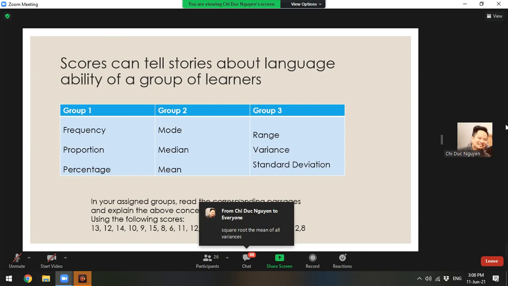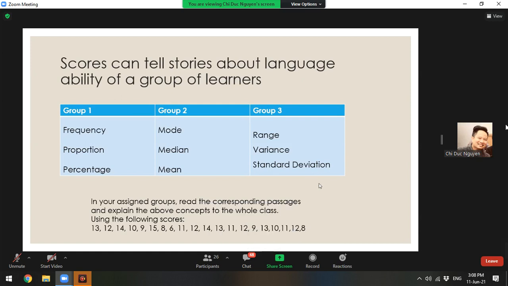So for any student who has one standard deviation below the mean, this student can be labeled as below average. And if his score is about 2 standard deviations below the mean, he is supposed to be the weak student. And for any student who has a score 1 standard deviation above the mean, he is supposed to be strong. And for those who have an excellent score, it means that the score is 2 standard deviations above the average.